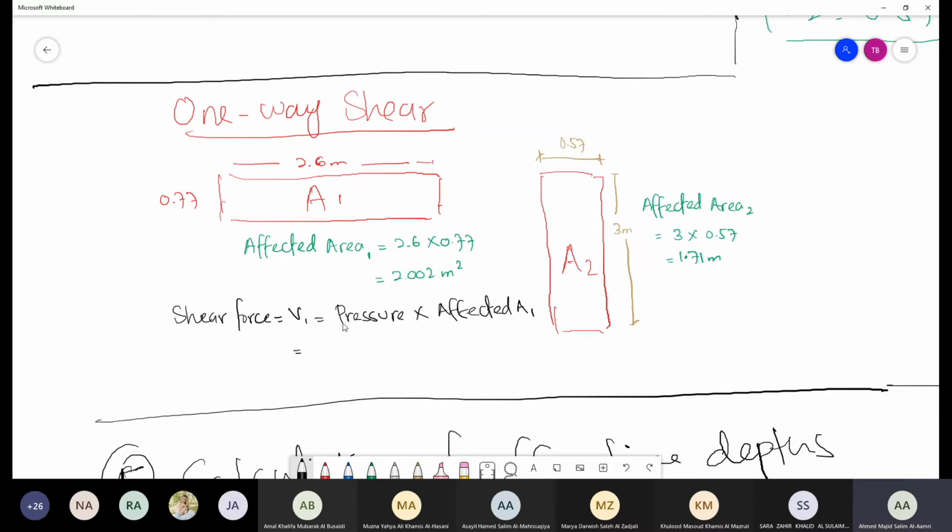So in this scenario, we have 266.67 multiplied by 2.002. Can you give me this value? This is going to be 521.87 kilonewton. So my V number 1, we have got it to be 521.87.